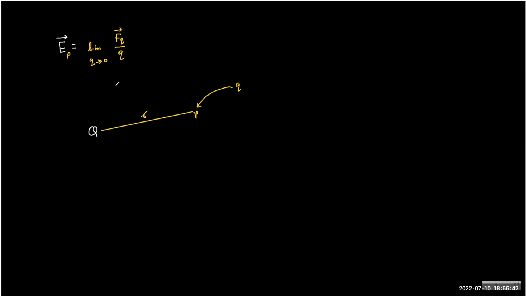So when you try to perform something experimentally, this idea should be in your brain that the charge which we are bringing should be so small that it should not affect the pre-existing field. Do you realize what I'm saying? Yes. So it is like if I'm giving you a flower to smell, and you have already used a hell lot of perfume on your body.